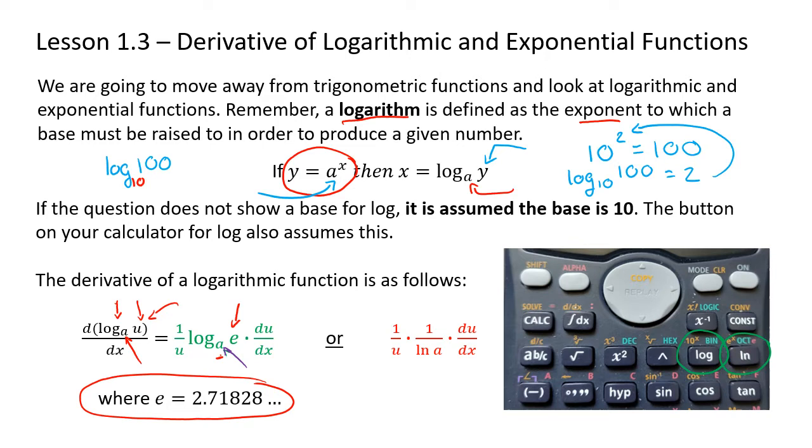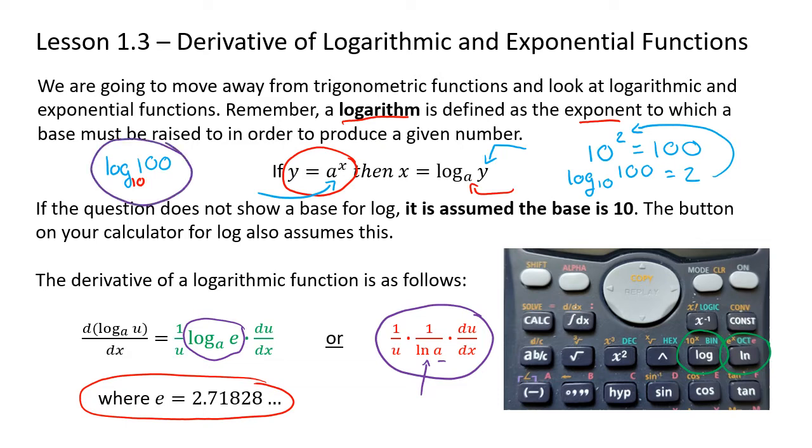So what you can do instead is, I'm going to erase these arrows so you can see it a little better, instead of having this log function, alternatively, the derivative is also equal to this. So it's the same thing, 1 divided by u, but it's multiplied by 1 divided by ln of that base. So going back to, let's say you have this one here, log of 100, and the base is 10.